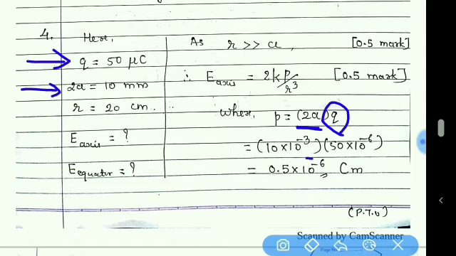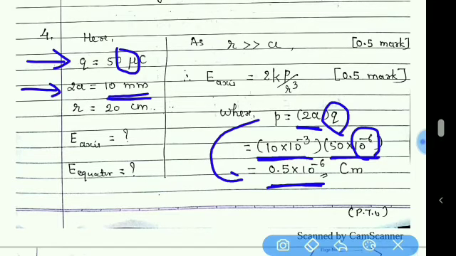So putting the value of 2a, see here it is in mm, so we have converted it into the SI system. So 10 into 10 raised to minus 3 meter. Here it is in microcoulomb, so we have converted this into coulomb. Micro means 10 raised to minus 6. So putting these values in SI system and calculating, we get this electric dipole moment as 0.5 into 10 raised to minus 6 coulomb meter.